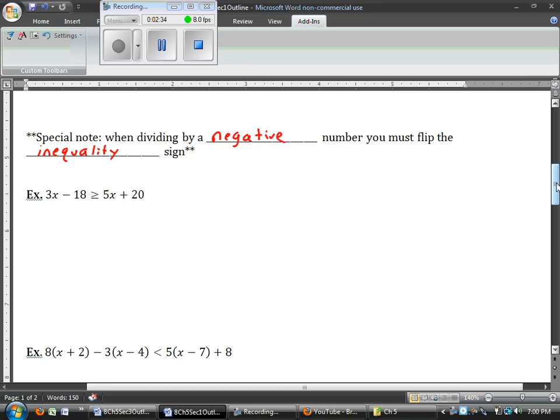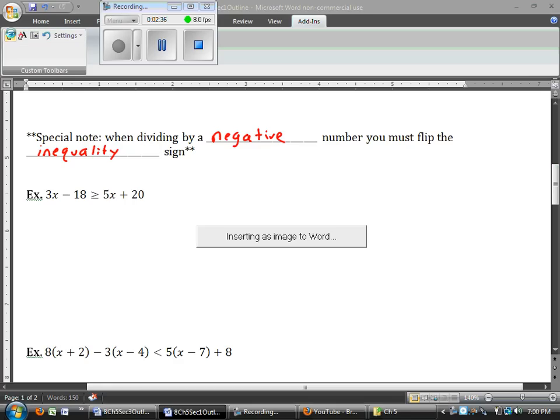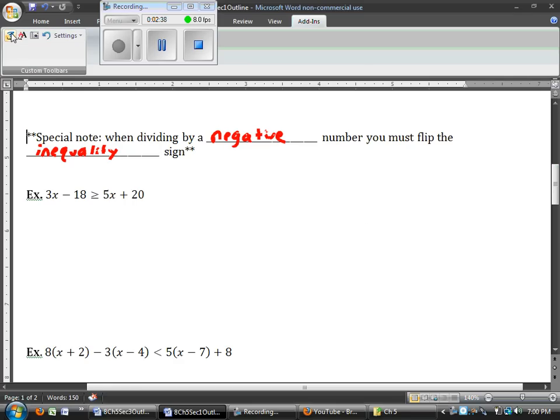Okay? Now, in this example, just like in the first one, you can see that if I would simply take the 3 over, I wouldn't avoid negatives. But for the sake of the class and to see this example, let's go ahead and make a negative because sometimes you can't avoid it.